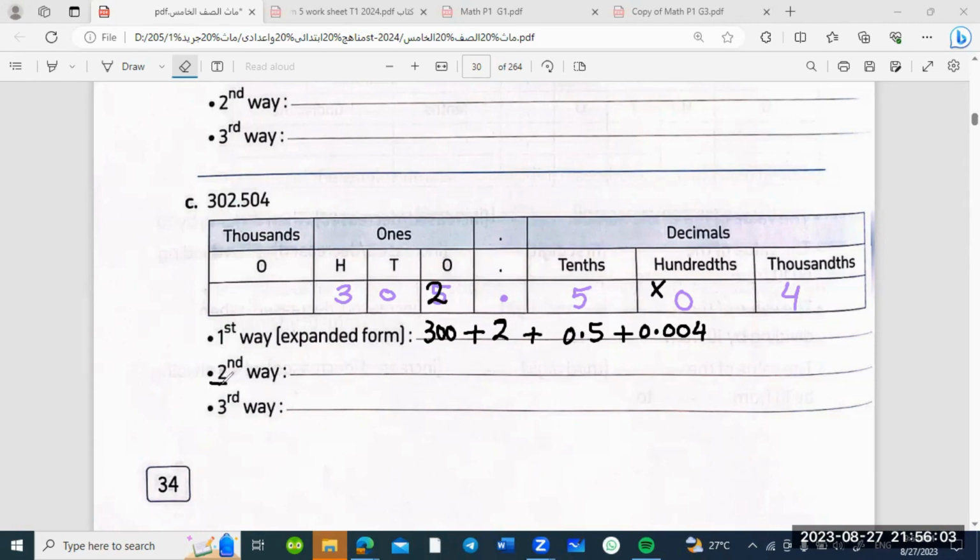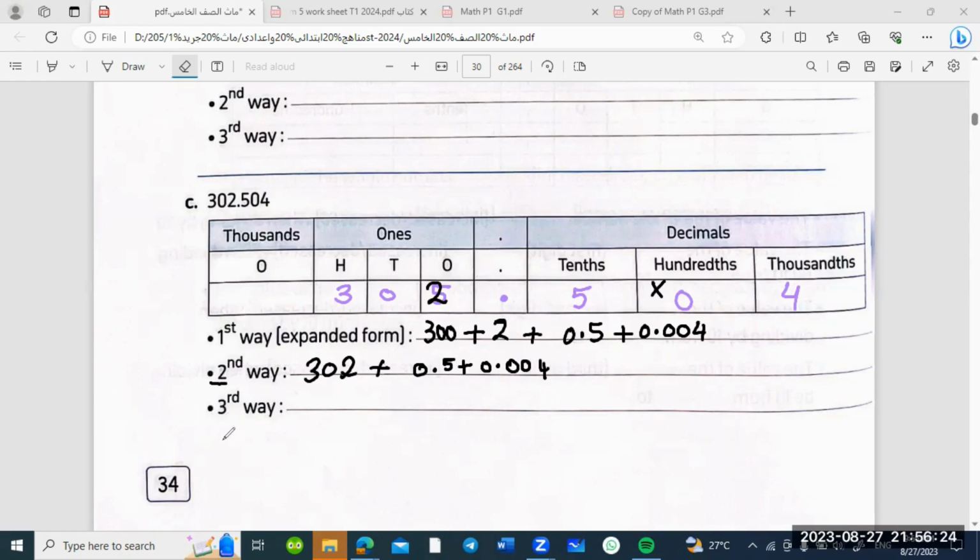Now the second way. The second way is 302 as it is. Okay, plus 0.5 plus 0.004. Okay Jana.